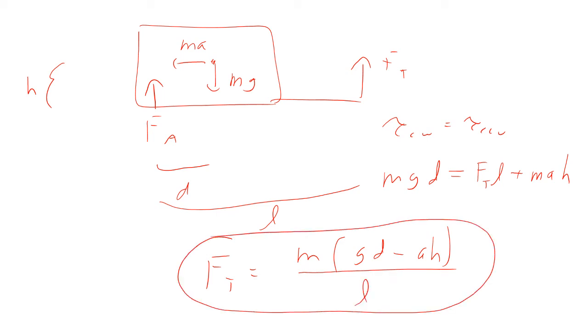Now, this is an interesting thing, because in the numerator we have a subtraction. What that means is that if ah is bigger than gd, the force becomes negative. So if d is too small, in other words if the center of mass is too close to the axle, or if it's too high, if h is too big, then either way that becomes negative.